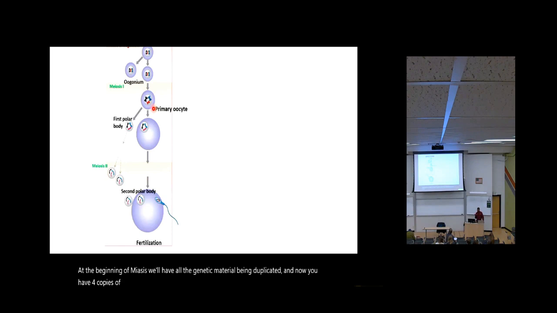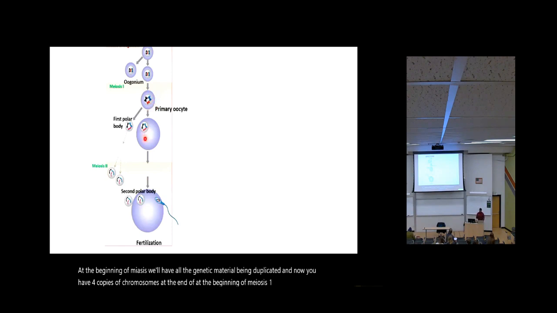So we find that at the beginning of meiosis, we'll have all the genetic material being duplicated, and now you have 4 copies of chromosomes at the beginning of meiosis 1.